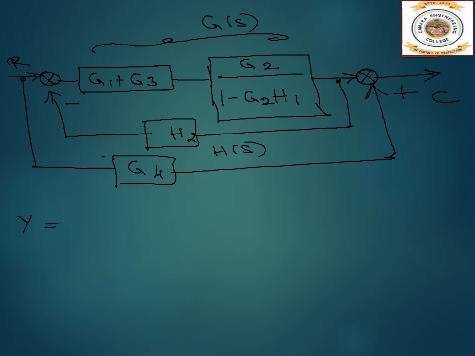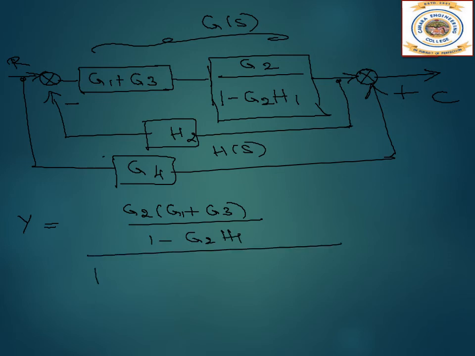So G of S will be G2 into G1 plus G3 whole divided by 1 minus G2 H1. This is G of S whole divided by 1, it is negative feedback, so plus G of S, G2 into G1 plus G3 divided by 1 minus G2 H1, into we have H of S as H2.